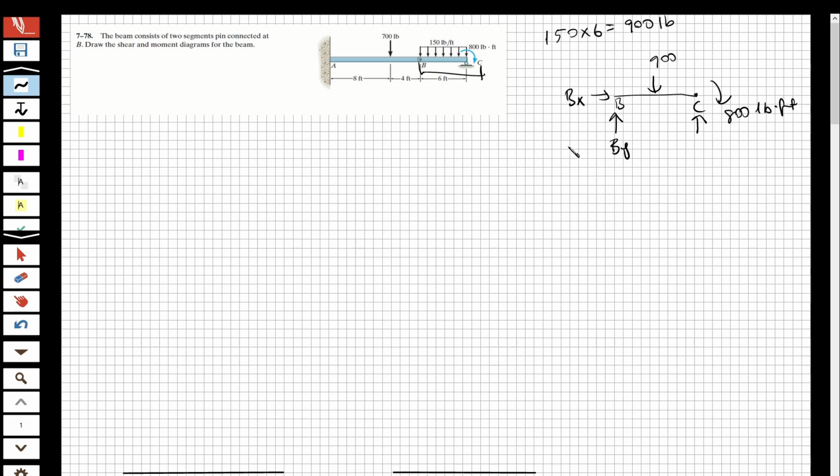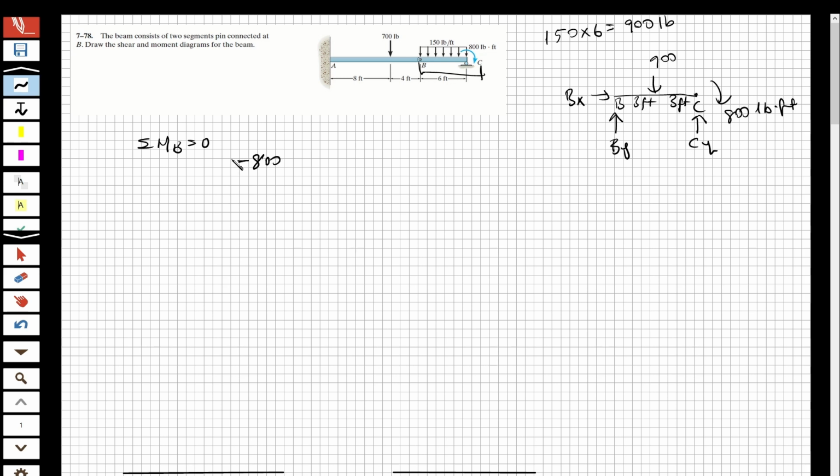Now let's take the moment with respect to B and determine the Cy, and then we are going to write the total of Y equation and determine By. So total moment at B is equal to 0. Sorry, I'm going to write the length here. I forgot to write it.